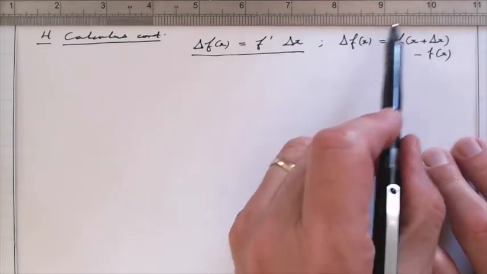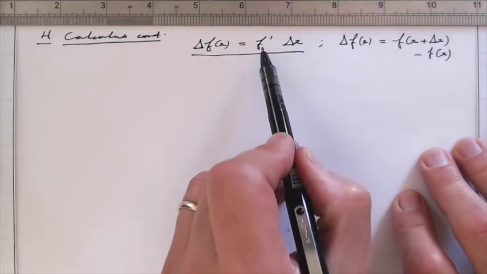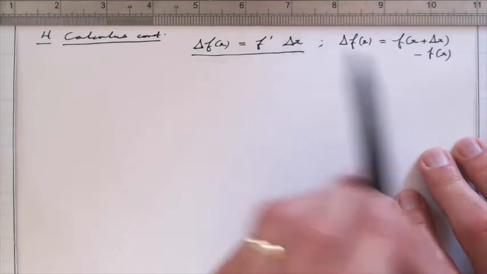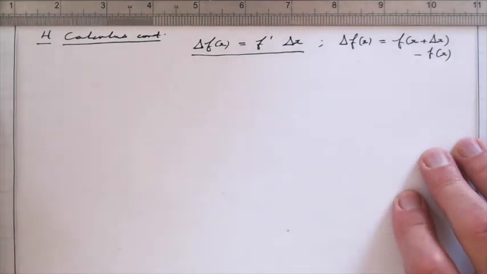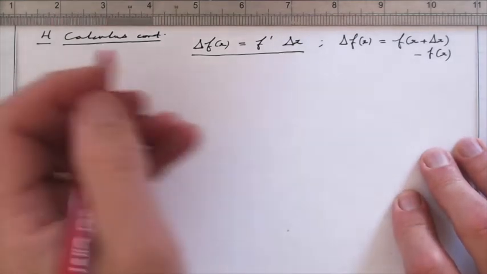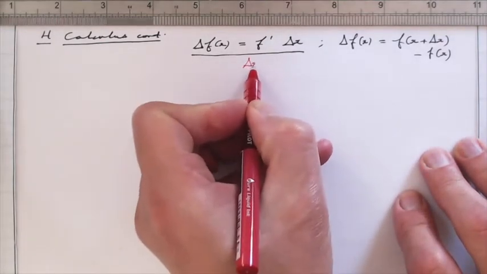And this gave us an insight into how we might actually calculate a derivative for a given function. And just as a reminder, all of this discussion is for delta x small.